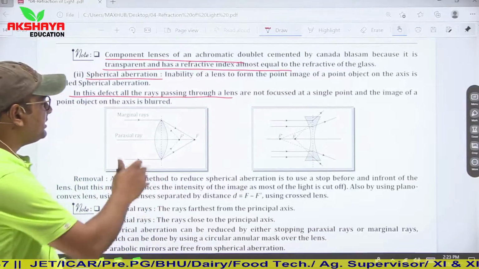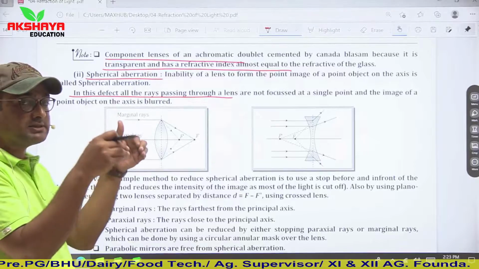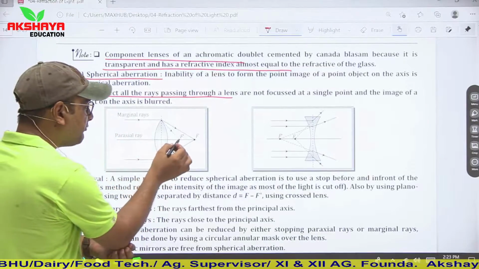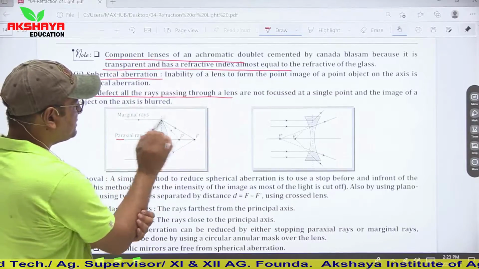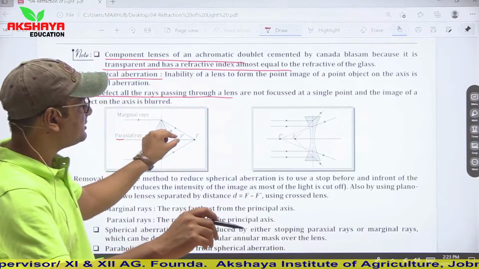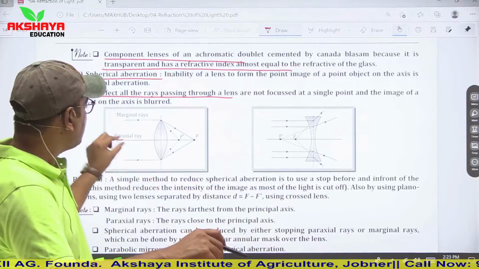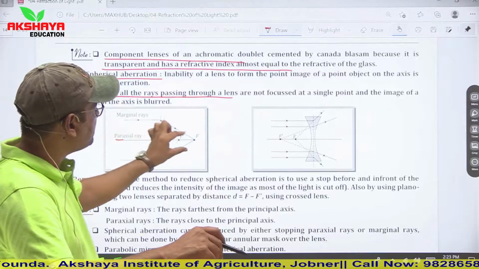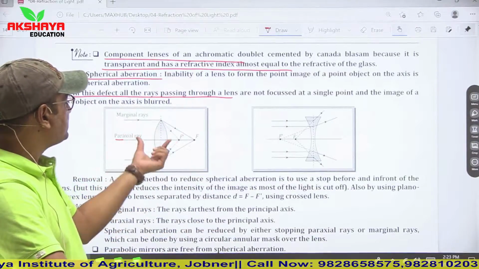We can clearly see that these marginal rays are focused at a point just before the paraxial light rays. It means marginal rays are focused at a point nearby the lens, and paraxial rays merge at a point just above the focus of marginal rays.